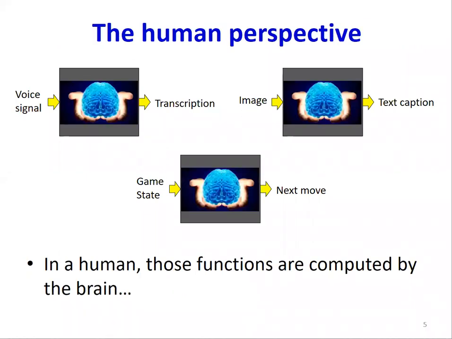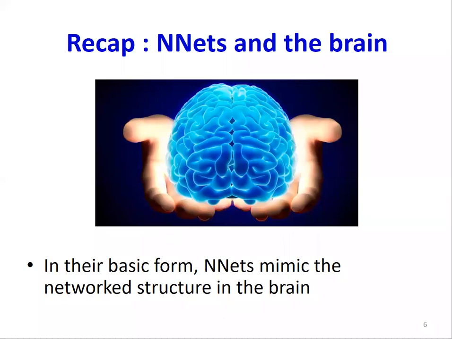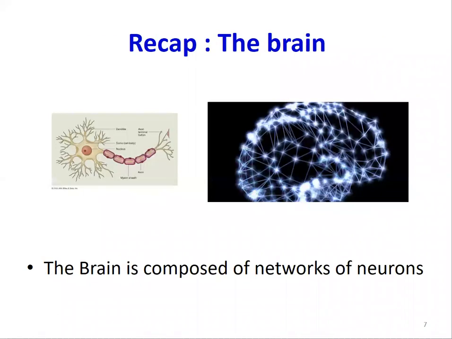But what are these functions? In a human being, those functions are computed by the brain, because these are basically intellectual activities. So in their basic form, neural networks mimic the network structure of the brain. The brain is composed of networks of neurons. Each neuron is a structure like this one to the left, which has a lot of incoming connections.